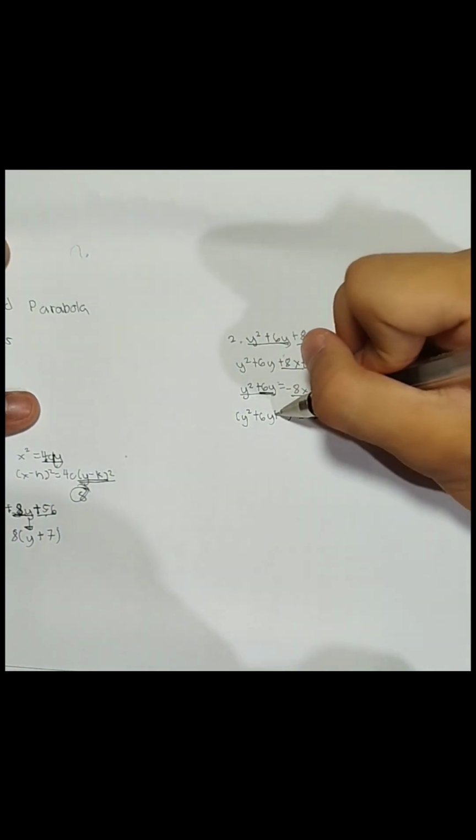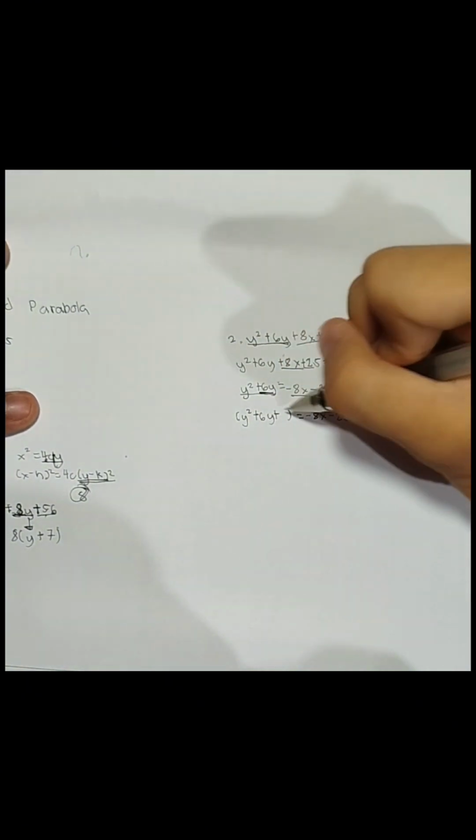You take the 6, you divide it by 2. So 6 divided by 2 is equal to 3. Then you square it. After you square it, that is your constant. And since this is positive, it should be positive 9.